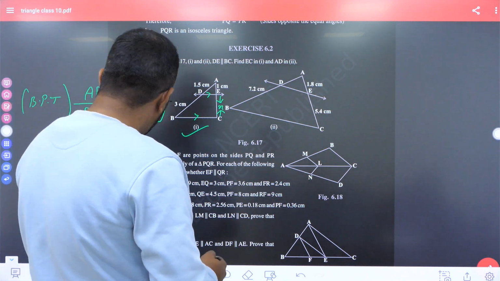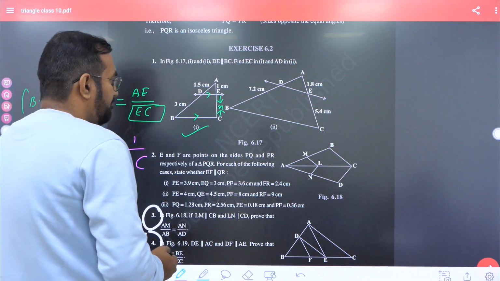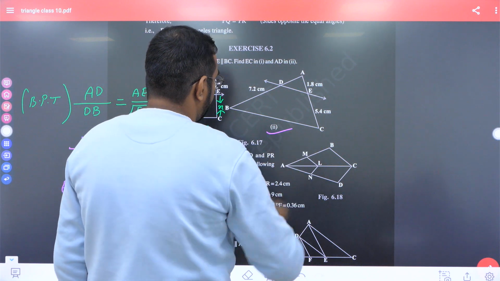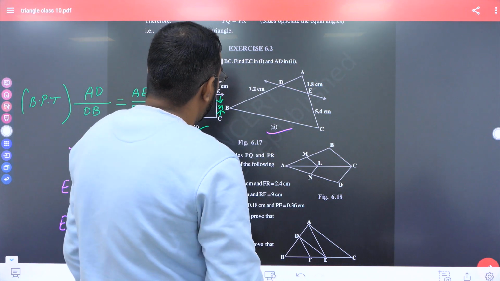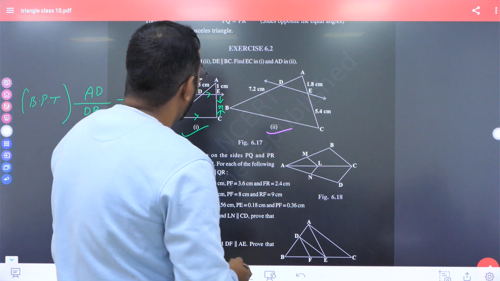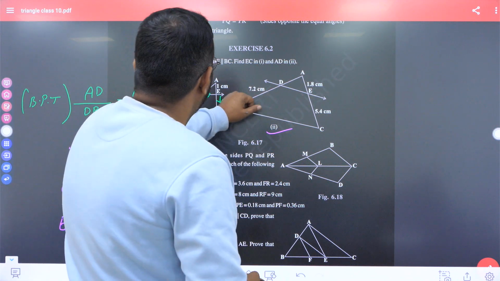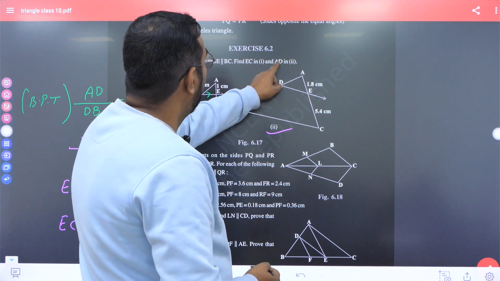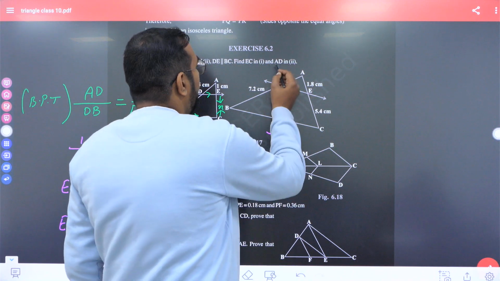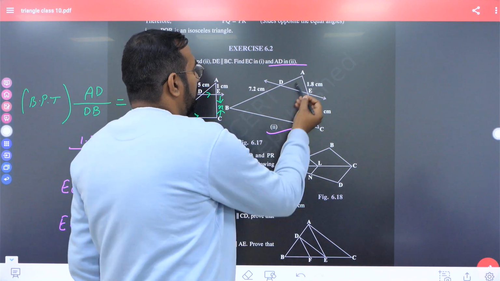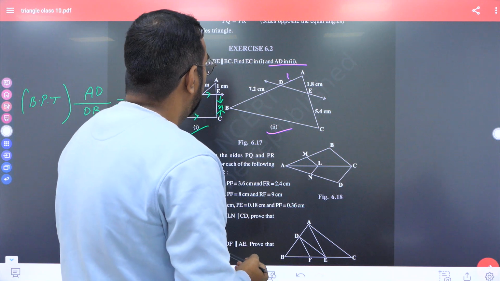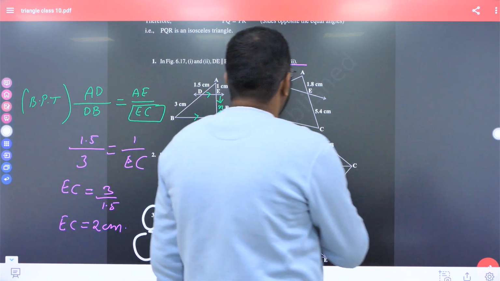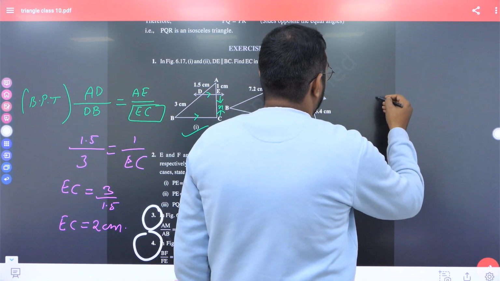So let's move to another one. In this one, what we have to find? Find EC in first and AD in second. We have to find AD here, this side. So you can find this also by the similar theorem, हाँ ना?